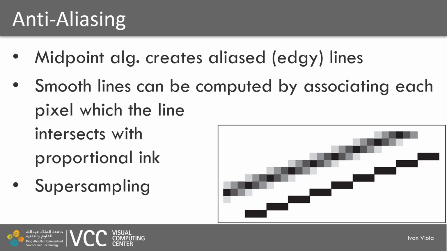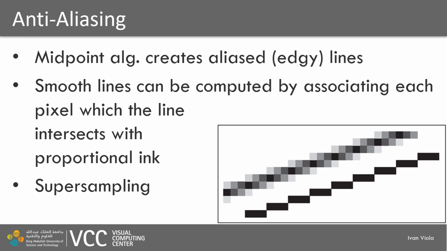Another strategy of performing anti-aliasing, which is implemented in the graphics hardware, is that the rasterization is performed on maybe 4 times higher area, so double the size of the screen in both X and Y direction, and then we essentially compute 4 samples per each pixel.